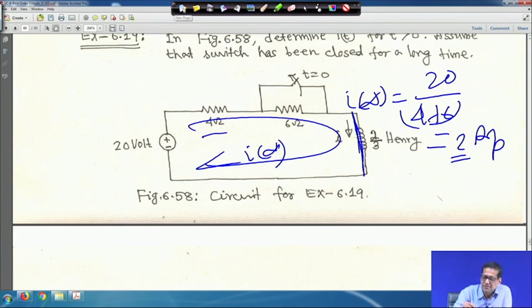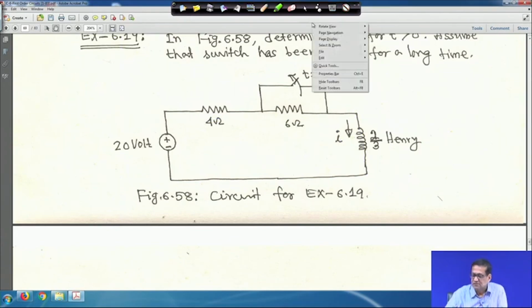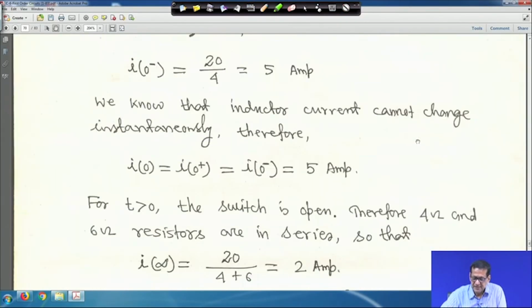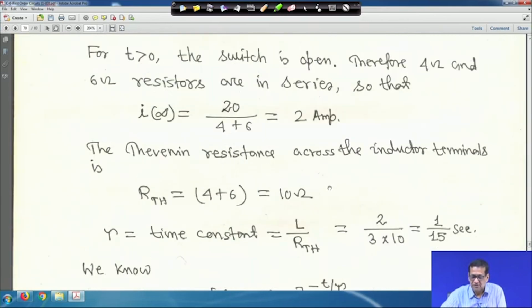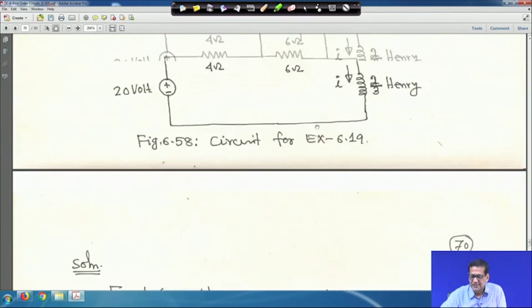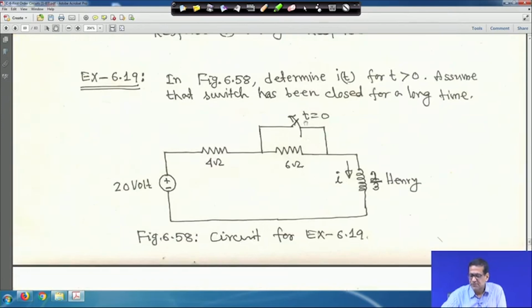So, let me clear it. Here you will see that I infinity is equal to 2 ampere. If you look into the circuit when the switch is open, this is a short circuit. So, what will be the R Thevenin?